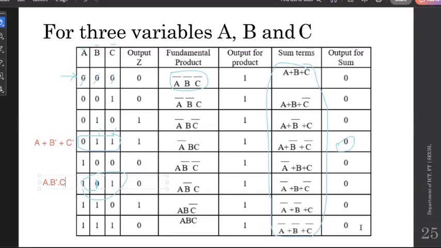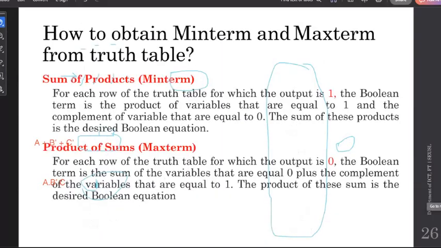So now with this, we move on to the next part. This is how we say, if it is a sum of products, generally for each row of this truth table the output should be 1.